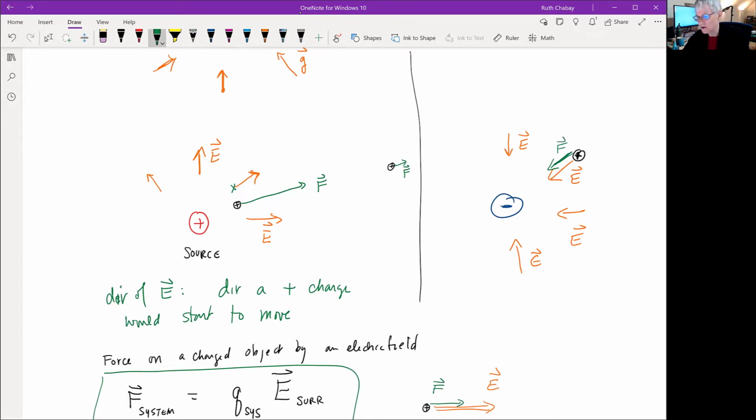That would be the force on a proton. It would be moving toward the negative charge. So we deduce that the field associated with a negative charge has to point toward the negative charge, just like the field associated with a positive charge has to point away from the positive charge.